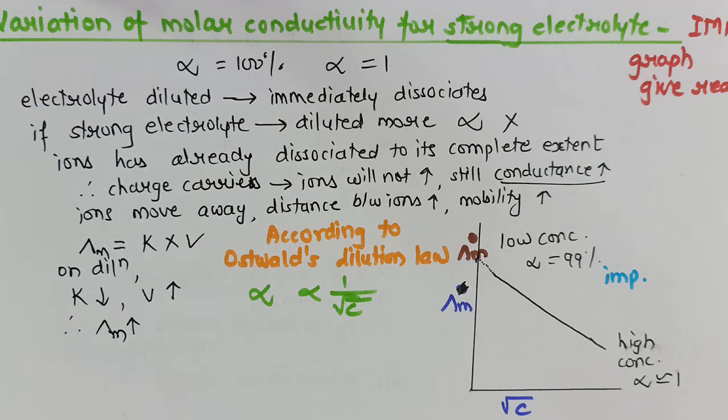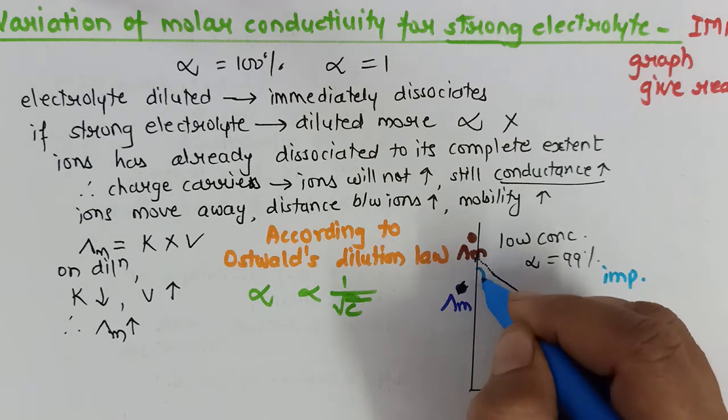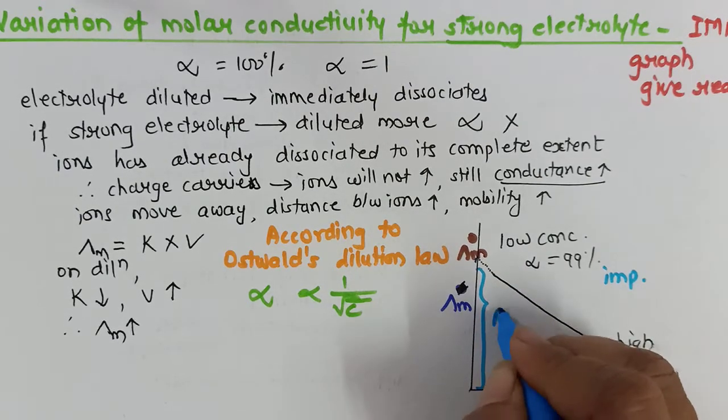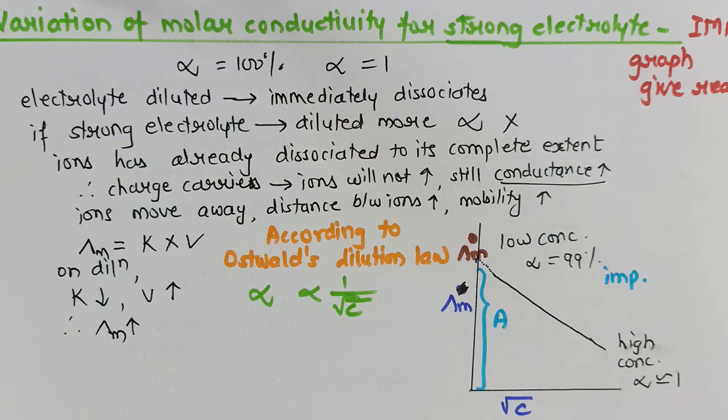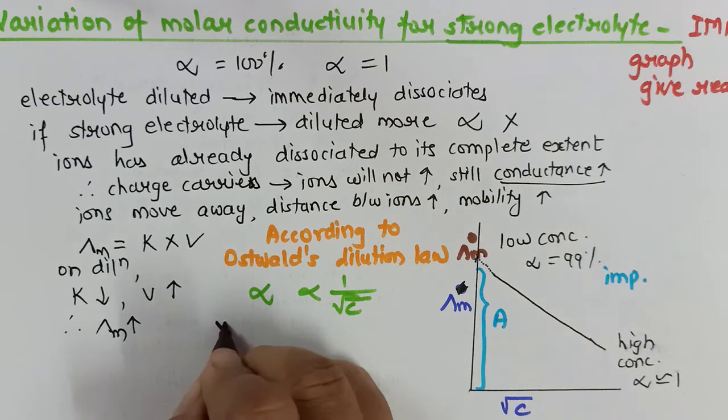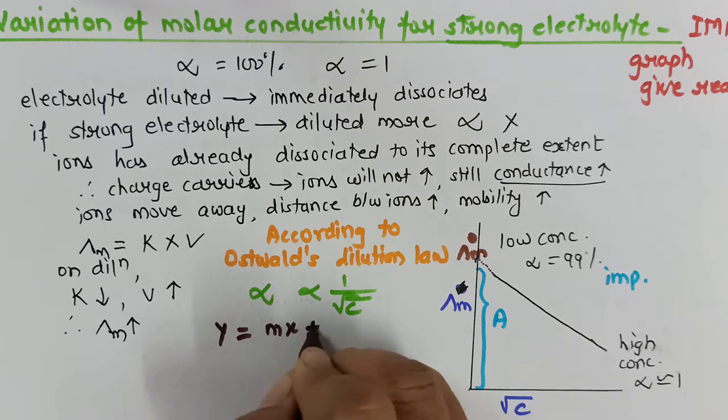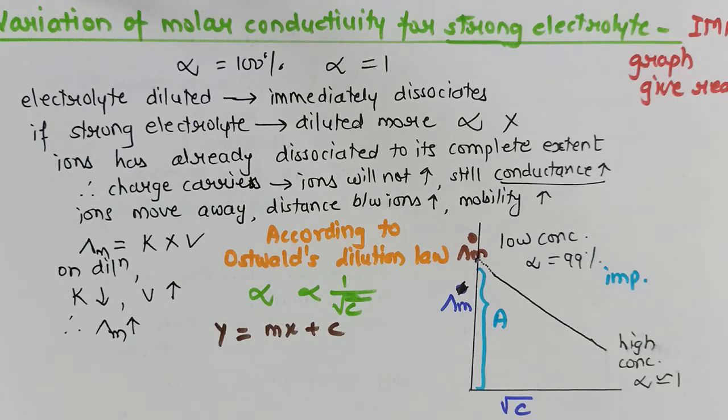Suppose I want to find out this value. We denote it as A, and it is a constant. This value can be found out by using the equation y equals mx plus c. What is the value of y? Y will be this coordinate.